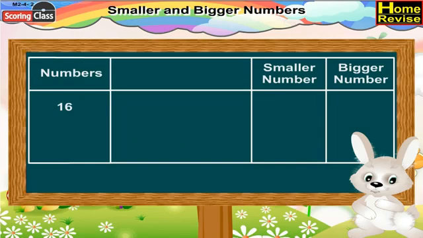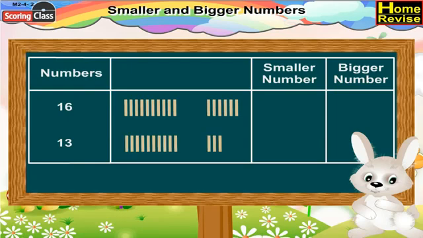Now, 16, 13. Let us draw 16 lines for number 16 and 13 lines for number 13. Now count 10 lines and encircle them for each 16 and 13.